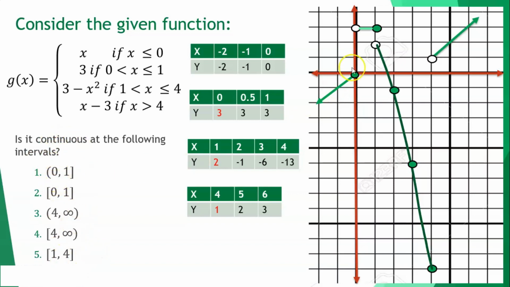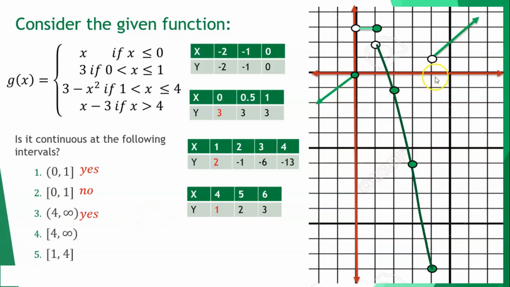From 0 until 1, but 0 is open or excluded, our answer is yes. From 0 until 1, but 0 is already included, our answer here is no. Now, from 4 until positive infinity, but 4 is excluded, so right after 4, our answer is yes.